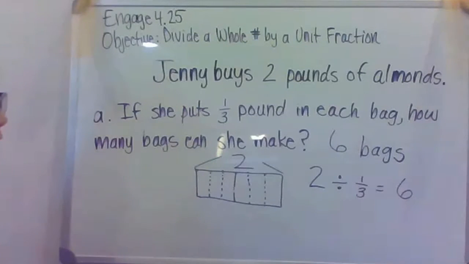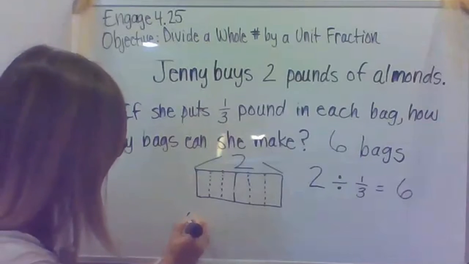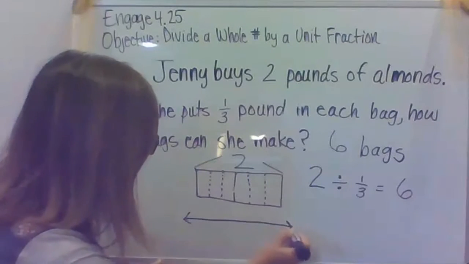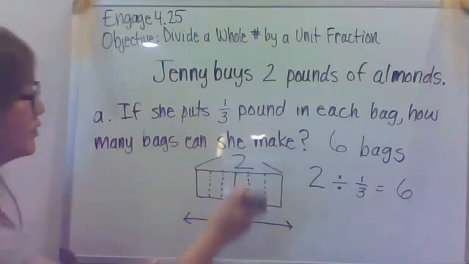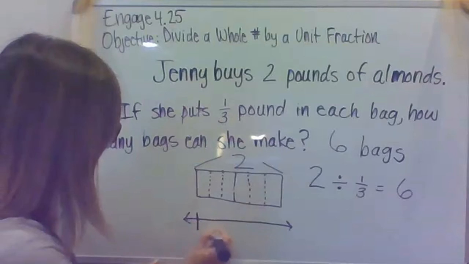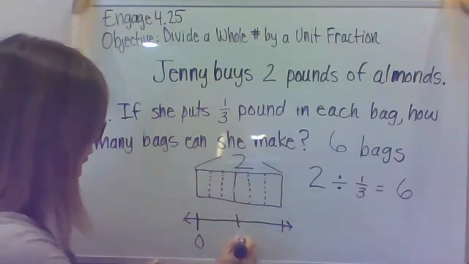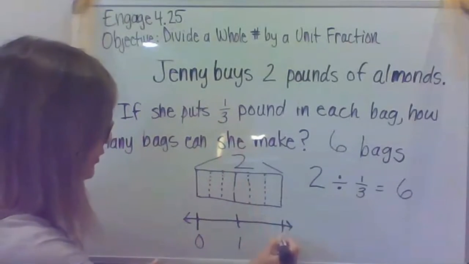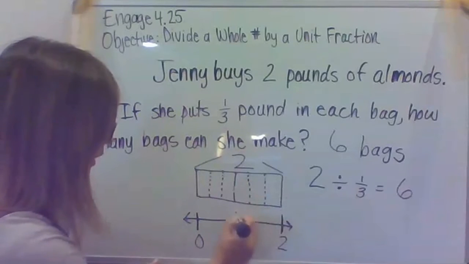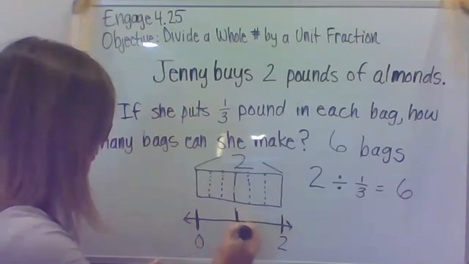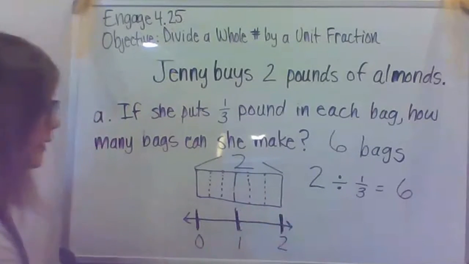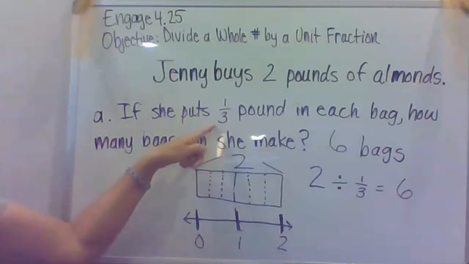Okay, let me show you how the number line would match up with that. So again, draw your number line. The whole is representing 2, so I'm going to make it just exactly the same as my tape diagram. There's my 0, here's my 1, and there's my 2 mark. And these are my wholes, right? They want you to take your wholes and chop them up into how much?